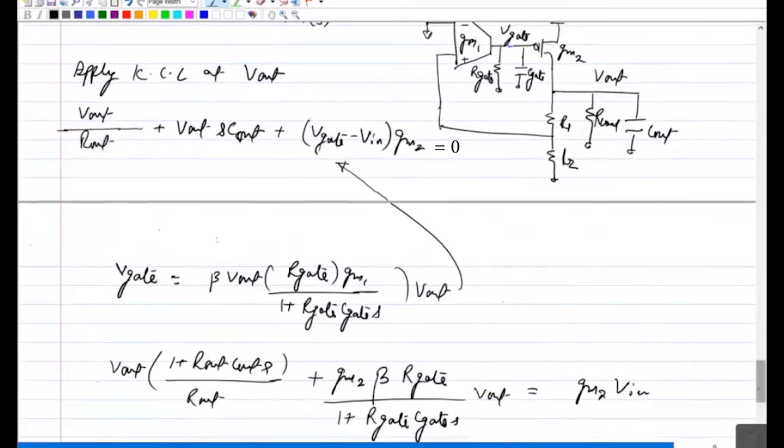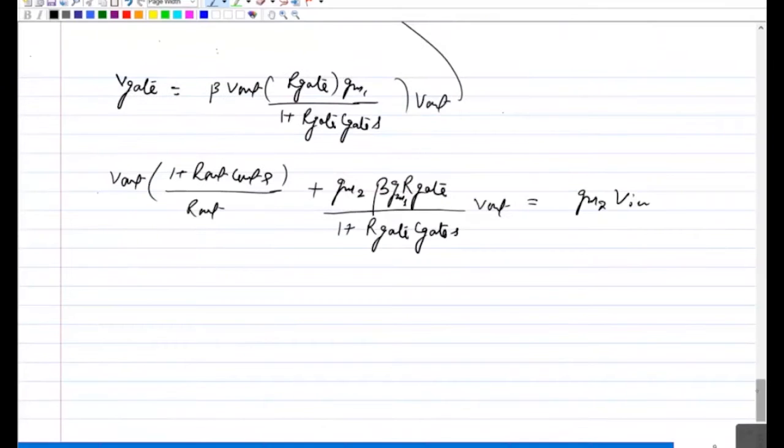Okay, so now you take V out common here. Now I will replace this with omega P gate and omega P out.